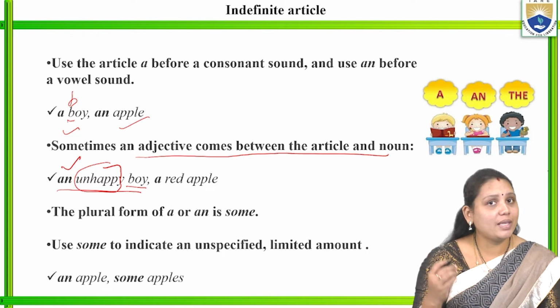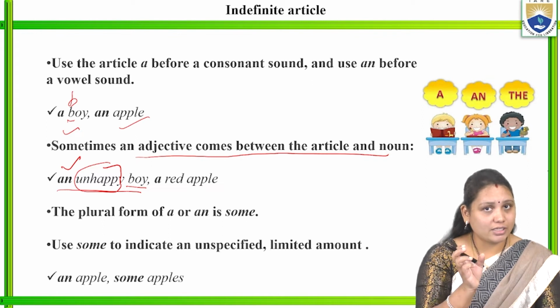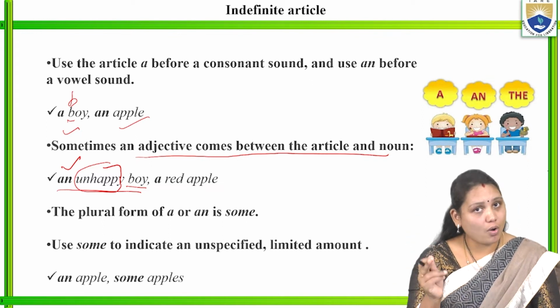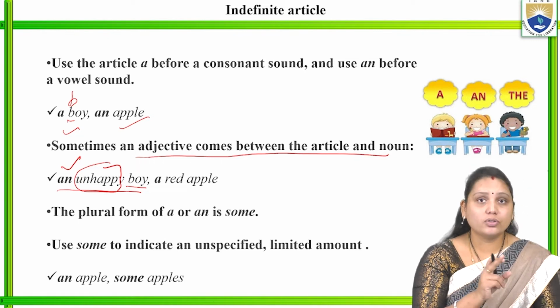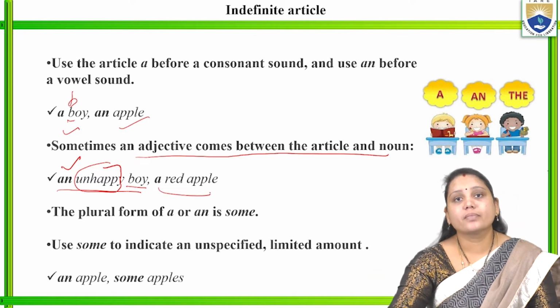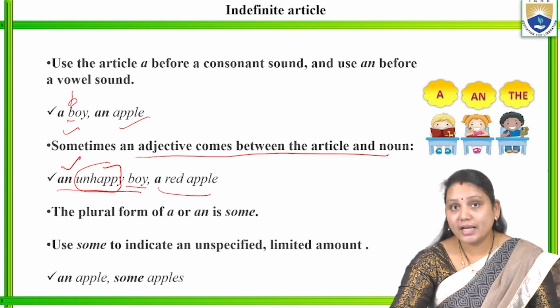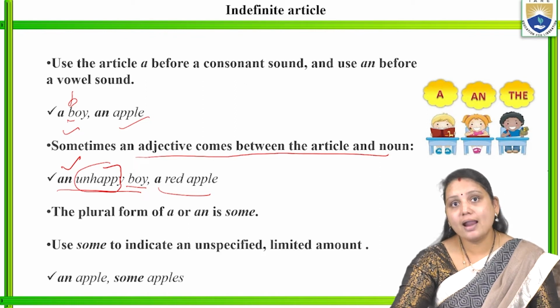So, we are using an adjective to describe the boy while using an. There is a possibility. Next, a red apple. Red is the adjective, a is the article and apple is the noun. So, in this way, we can use articles.